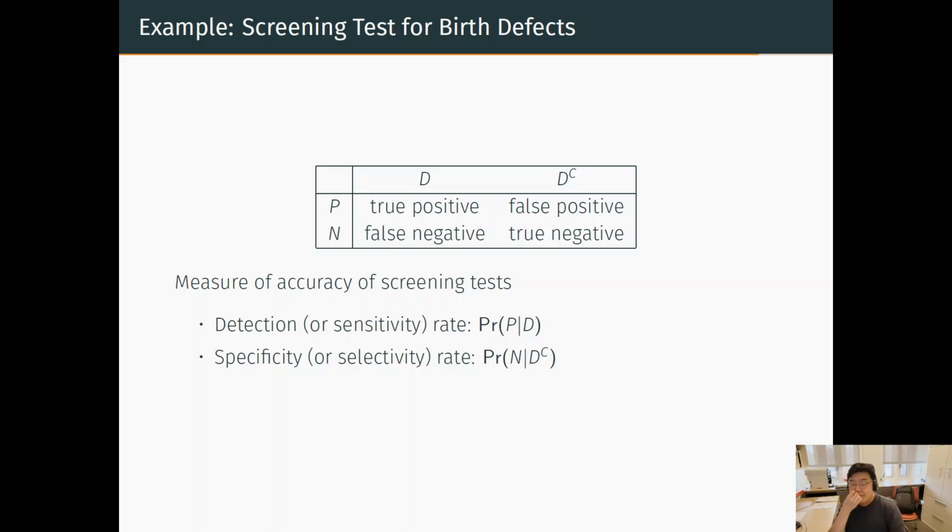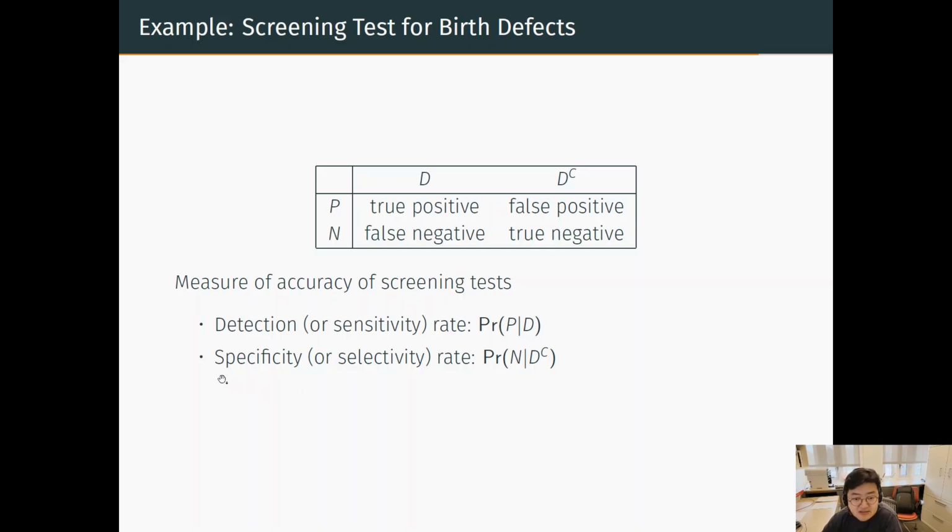They define the accuracy measures based on these notions. Detection rate, or sensitivity rate, depending on the literature, different terms are used. Detection or sensitivity rate is defined as the true positive result if there was a defect, right?